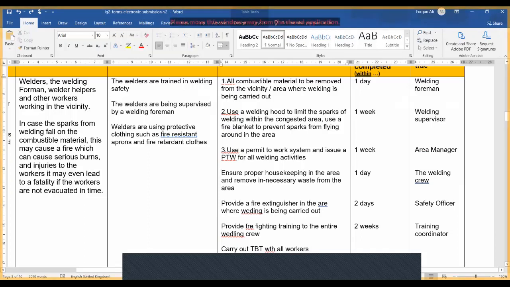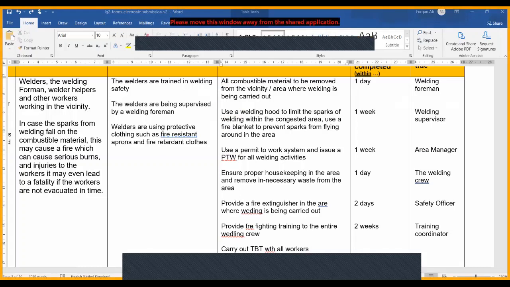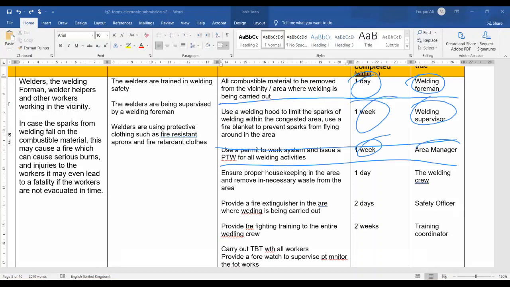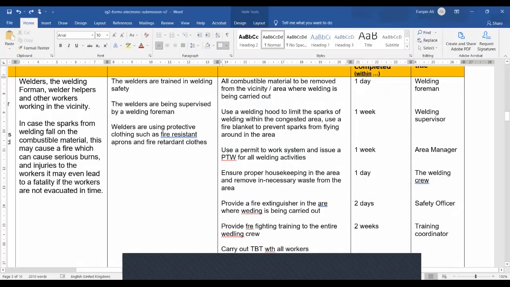So make sure that you have a completed timeline for each action and a responsible person for each action. Make sure they are aligned. They should be in line. If they're not in line, then the person checking it will struggle, okay?